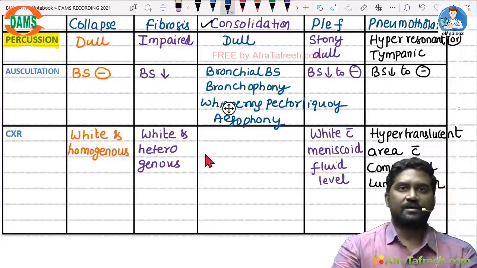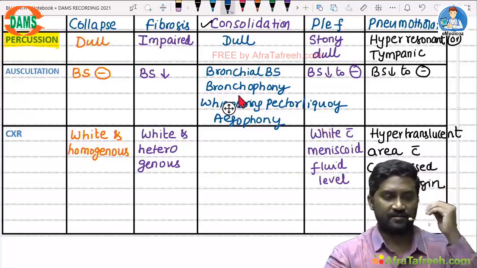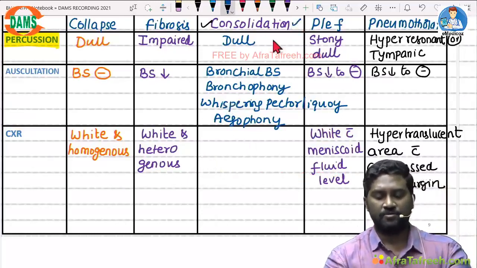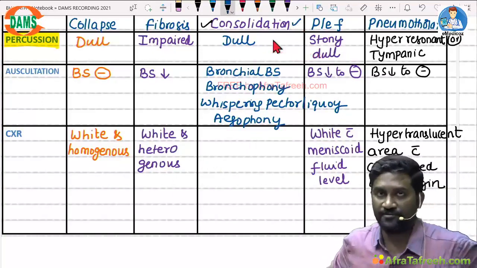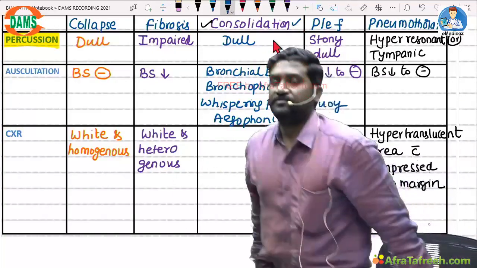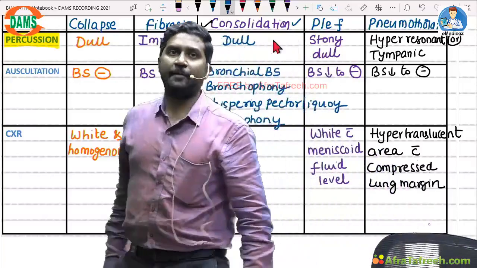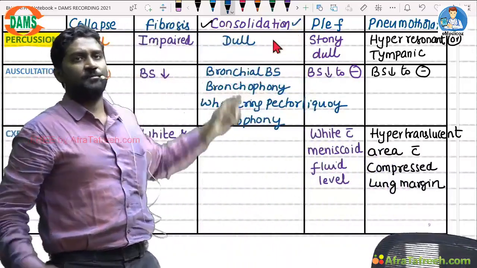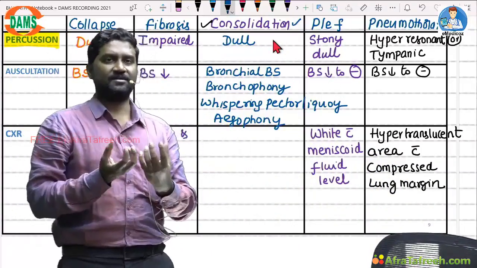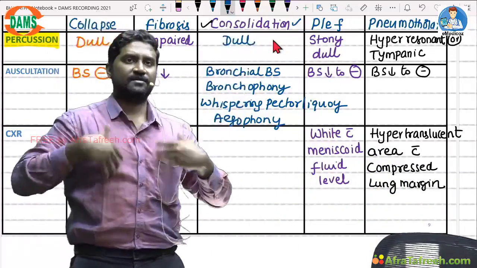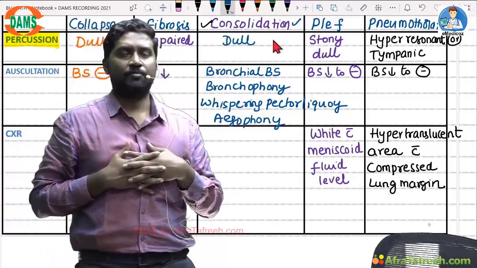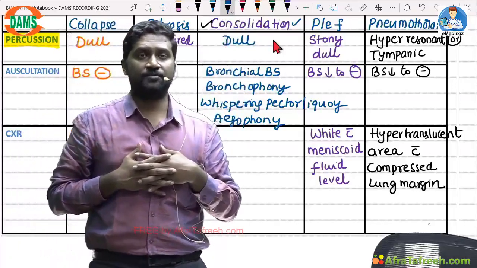Now coming to the classical chest X-ray feature in consolidation. To understand this, you should know the pathophysiology of pneumonia. Generally pneumonia happens because of some bacterial infection. These bacteria will reach the alveoli and start proliferating. To fight against the bacteria, your body is going to mount an immune response.